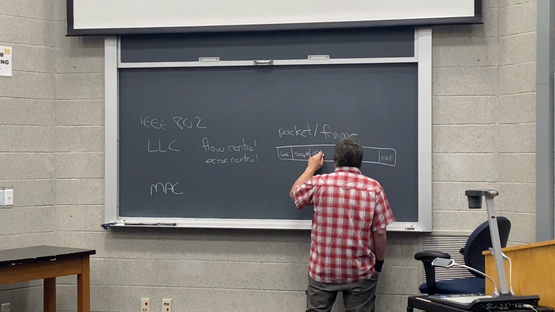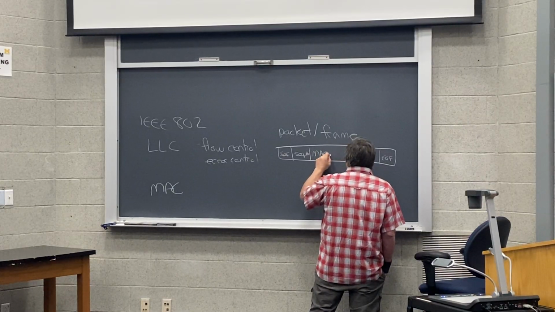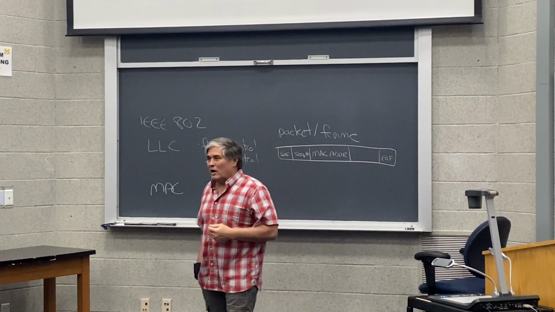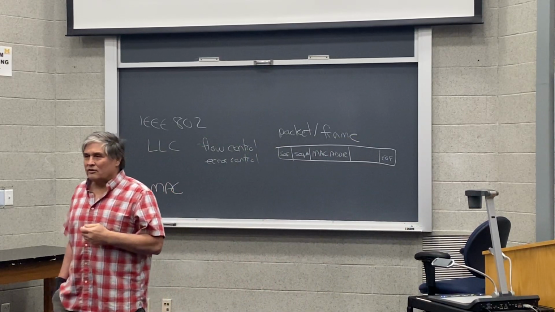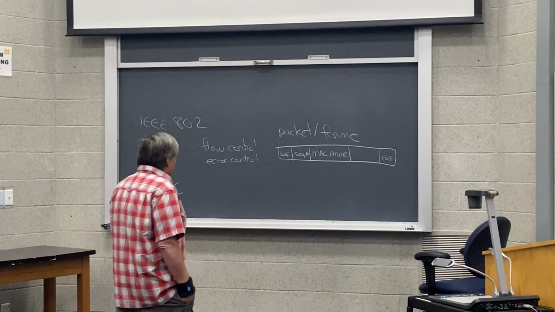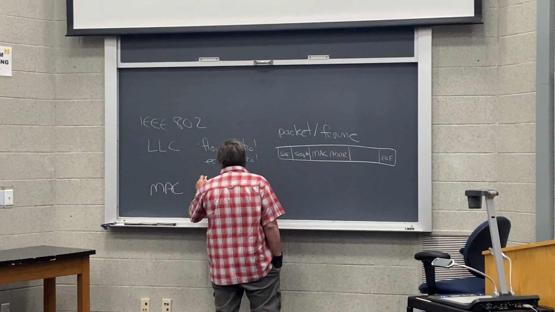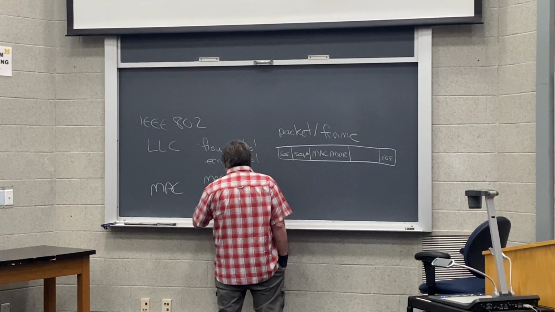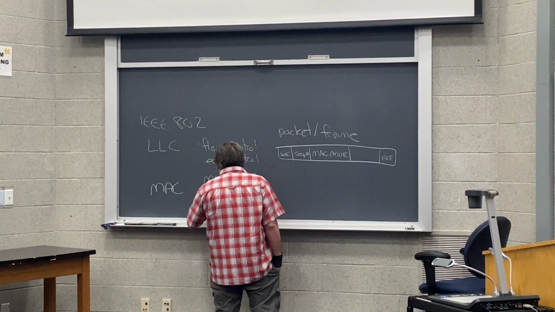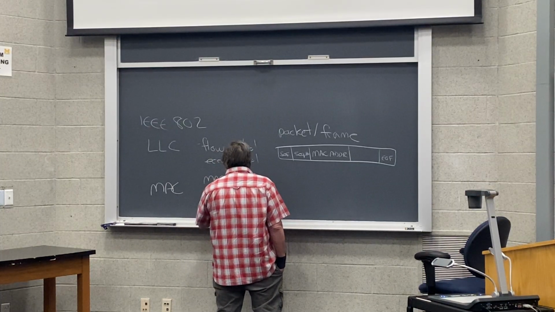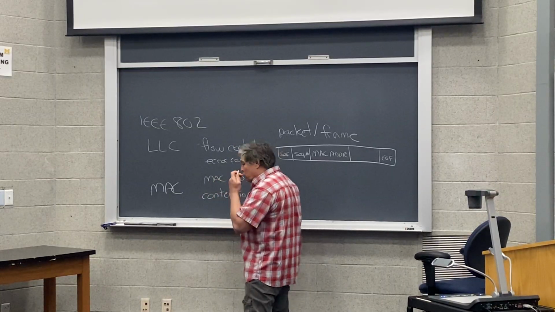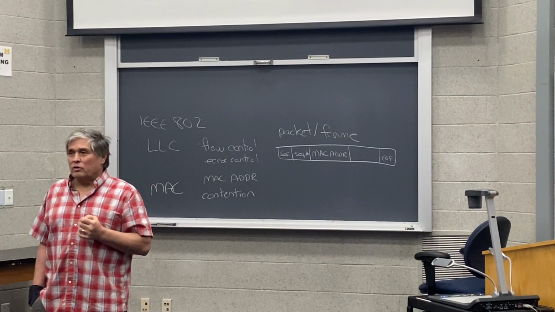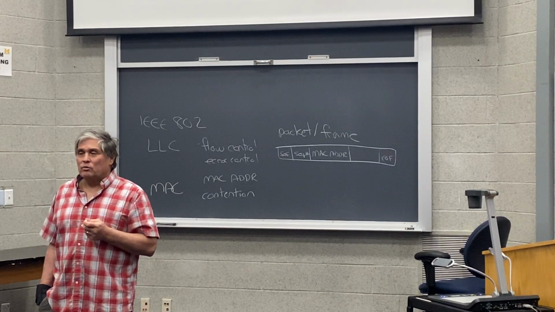Then we have the MAC source and destination address, which in the case of Ethernet and Wi-Fi is a 6-byte entity for source and destination. That's the MAC address, and we have contention resolution. With multiple possible devices, the media access control uses one of several algorithms to determine who gets to talk next.